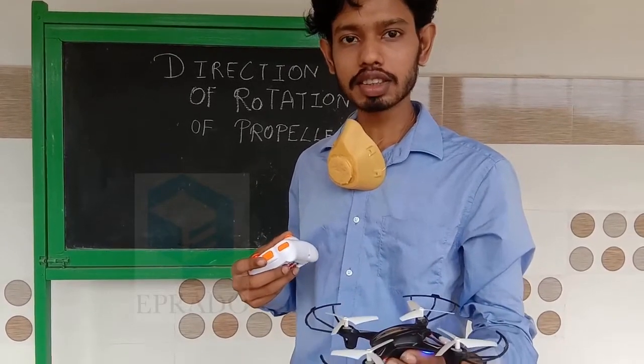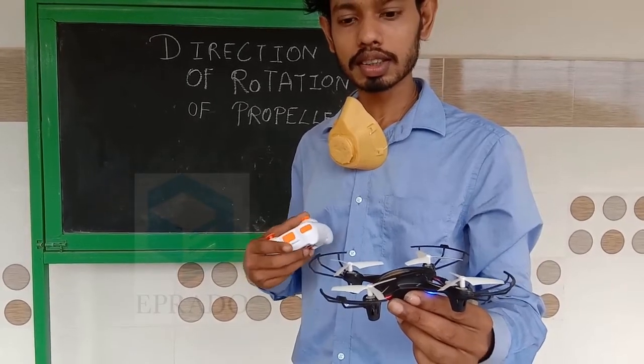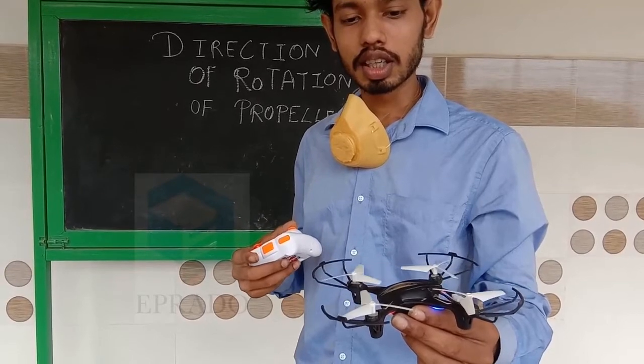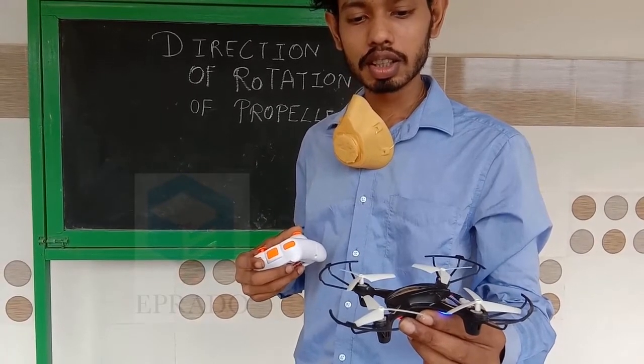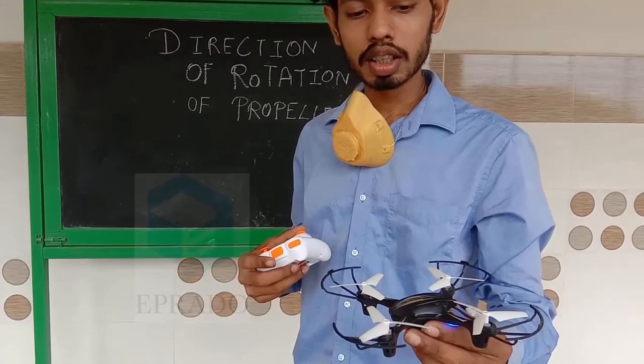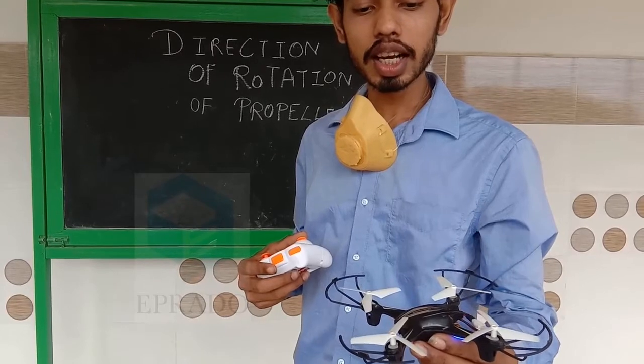If I increase the acceleration of the drone, that is, the velocity of the propellers is increased, you can watch the propellers rotating. While the propellers are stopping, you can see their direction of rotation.